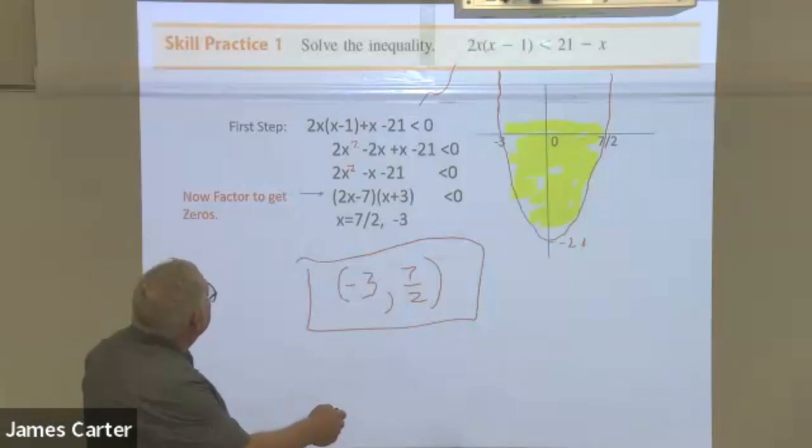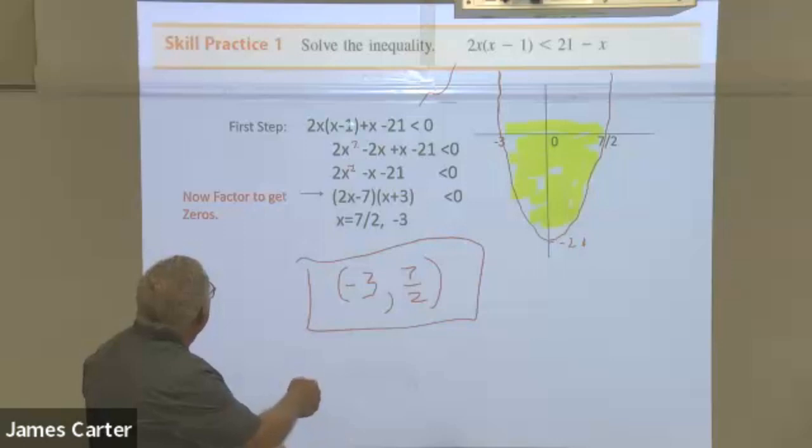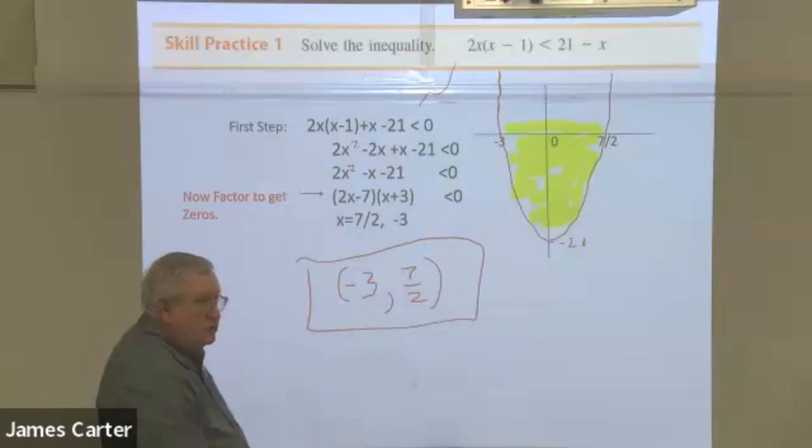Here, you've got these two factors less than 21. We move the 21 over to the other side. We multiply and distribute that and bring over the x and the -21. Simplify this thing. And ultimately it factors into this, giving us these two values.